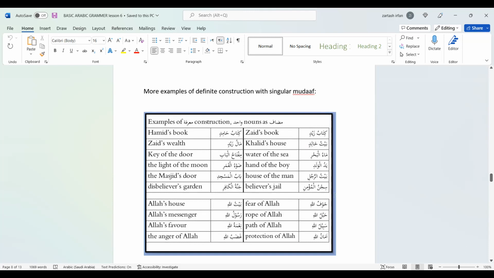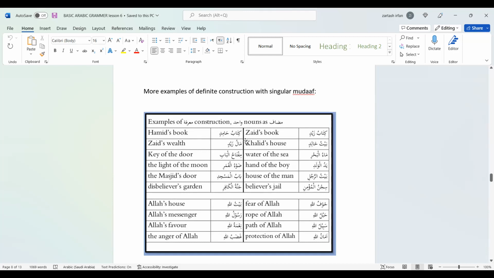The mudaf ilayhi is the second part of our idafa construction. So here this is the marifa construction with a wahid or mufrad mudaf, and the mudaf ilayhi is definite.